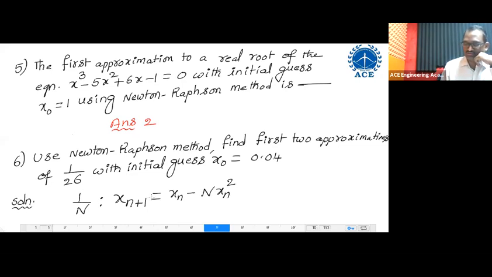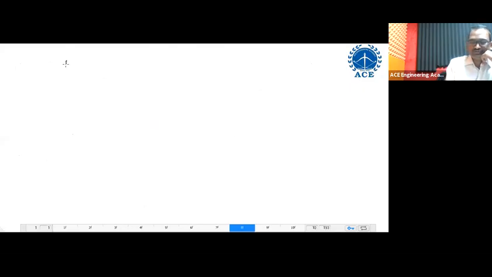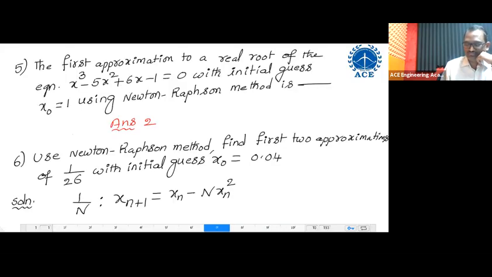Substitute n equal to 26. So for 1 by 26, the formula will now be xn plus 1 is equal to 2xn. No, I gave it yesterday, please verify: 2xn. The formula is 2xn minus n xn square.